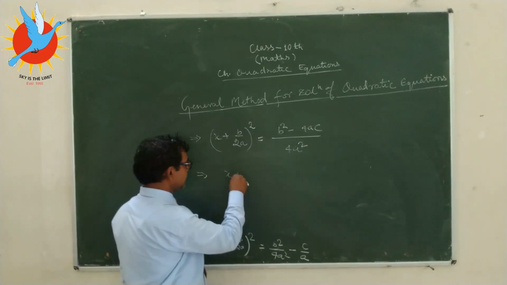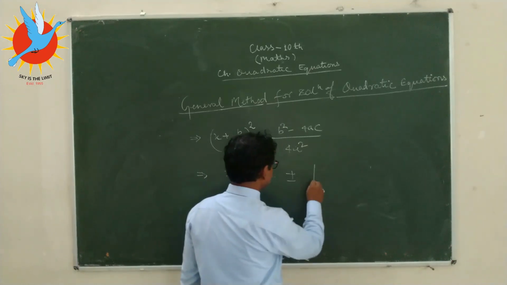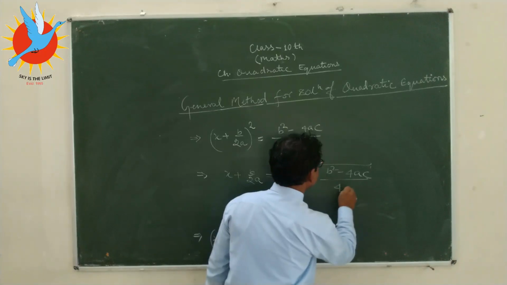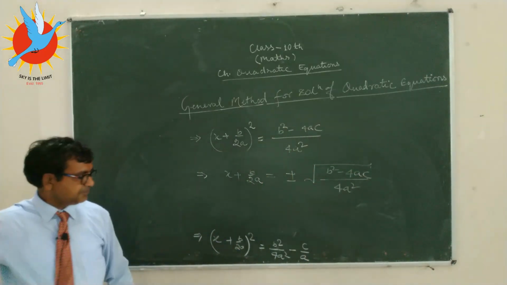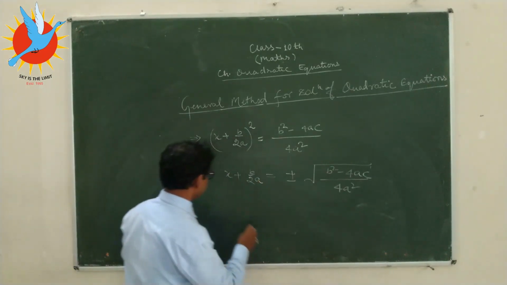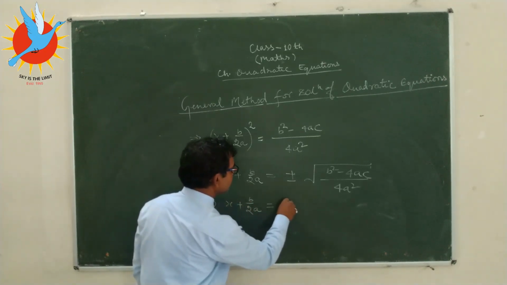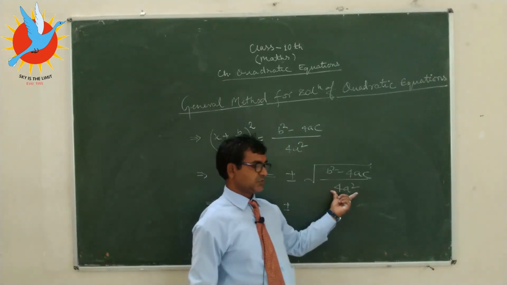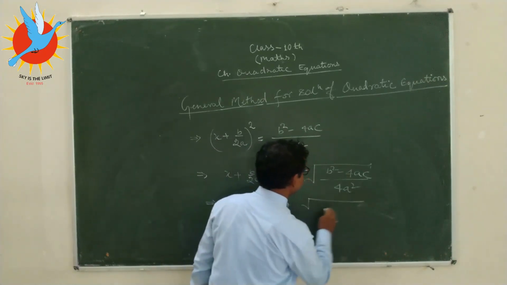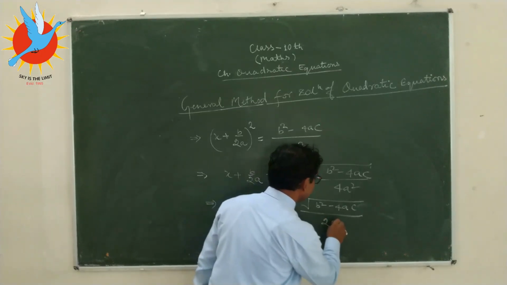We have x plus b by 2a equal to plus minus root over b square minus 4ac upon 4a square. Now this can further be written as x plus b by 2a equal to plus minus, the square root of 4a square is 2a. So this will become root of b square minus 4ac upon 2a.